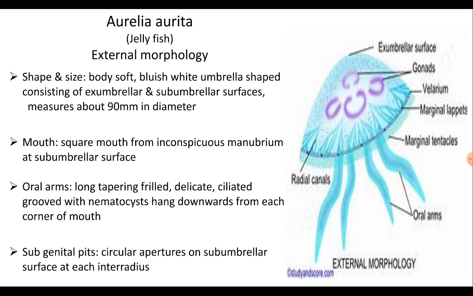Each oral arm has a central ciliated groove that leads into the mouth, and its edges are provided with nematocysts, that is, stinging cells.